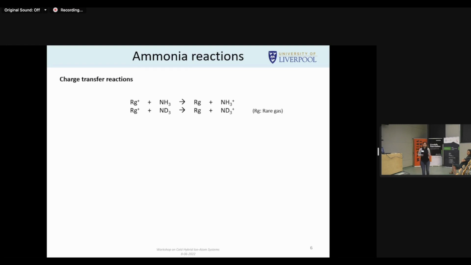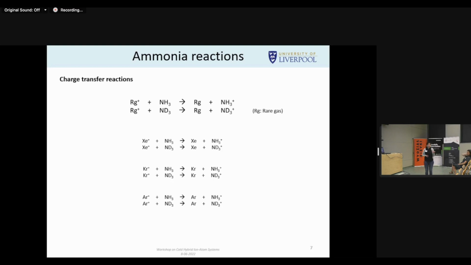I used both the fully hydrogenated and fully deuterated molecules. The rare gas ions were sympathetically cooled, so at cold translational temperatures, and they were in the ground electronic state, whilst the ammonia for this study was introduced effusively into the chamber via a high precision leak valve. So it is at 300 Kelvin, it's not a cold beam.